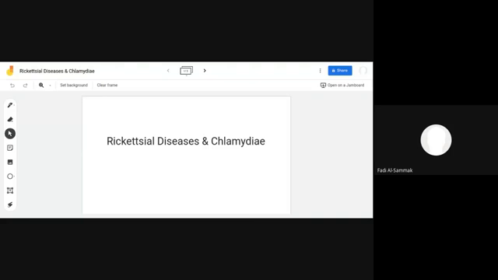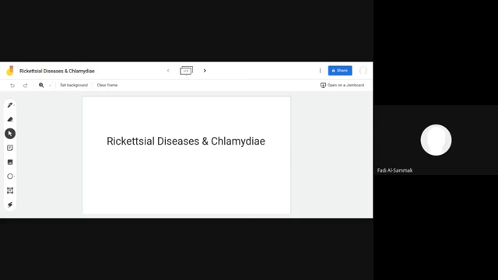So these are a group of diseases caused by different species. And these are gram-negative coccobacilli. And what is remarkable about this group of diseases is that they share common features, like, for example, transmitting the disease by some vectors.